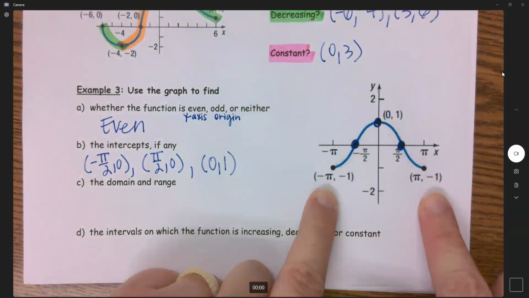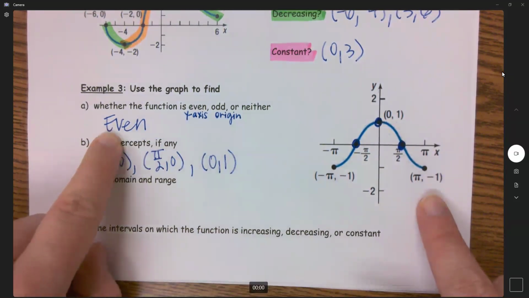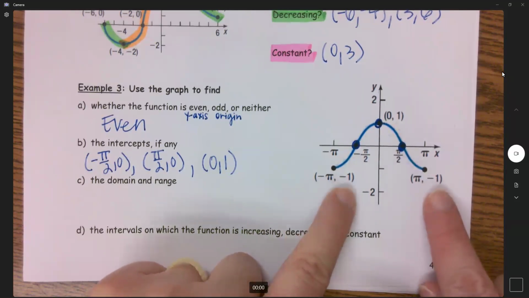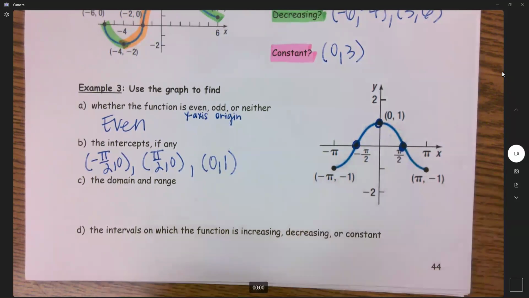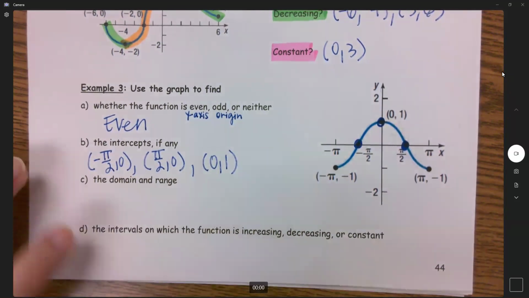Even though they give you this, these are not intercepts. They are doing this to show you this is even, right? So say opposite inputs give you the same outputs. And also remember to put commas in my map book.